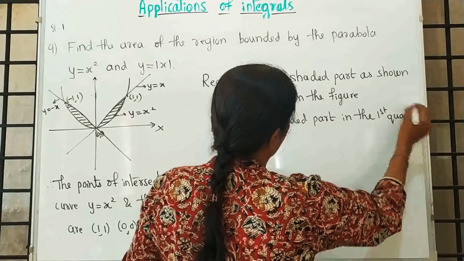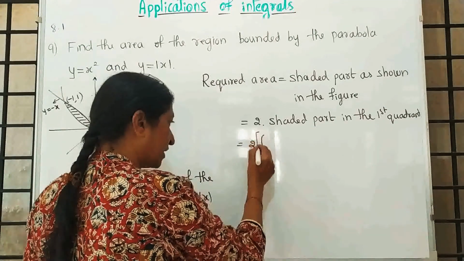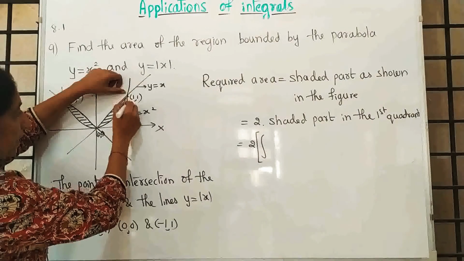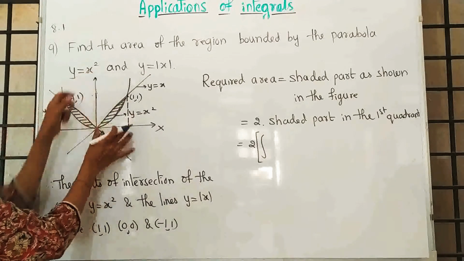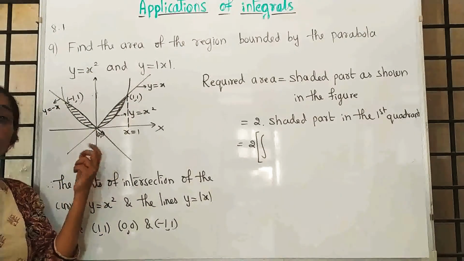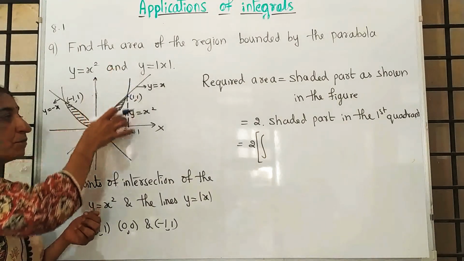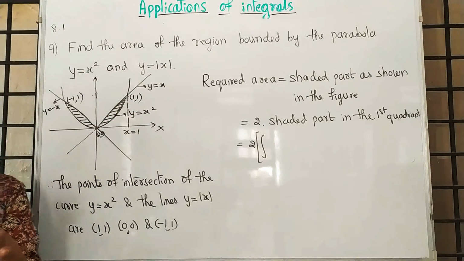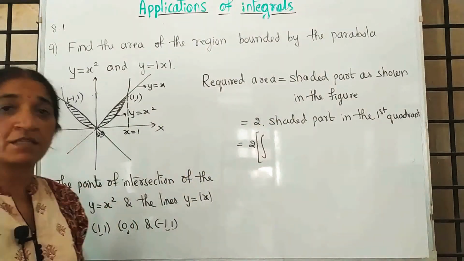Now, it is 2 into, here to write the integration, it is very interesting. See here, we are writing the integration with respect to x axis and in between the same limit, x is equal to 0 and x is equal to 1. In between this part, the line and the curve which is nearer to the x axis gives you the smaller area, which is far away from the x axis gives you the bigger area.